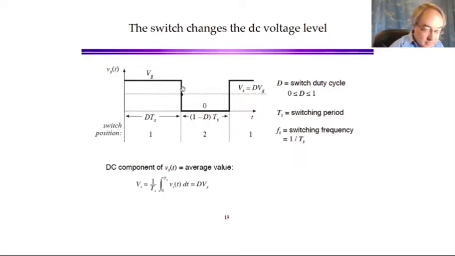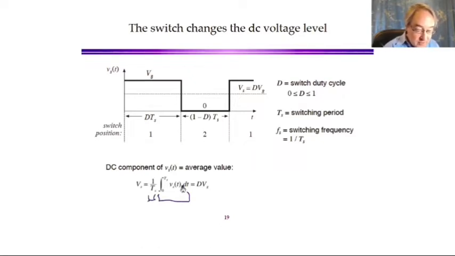So here is this actual waveform coming out of the switch. We can use Fourier analysis to find its DC component, and you may recall from Fourier analysis that the DC component of a waveform is found by integrating the waveform over one period and then dividing by the period.